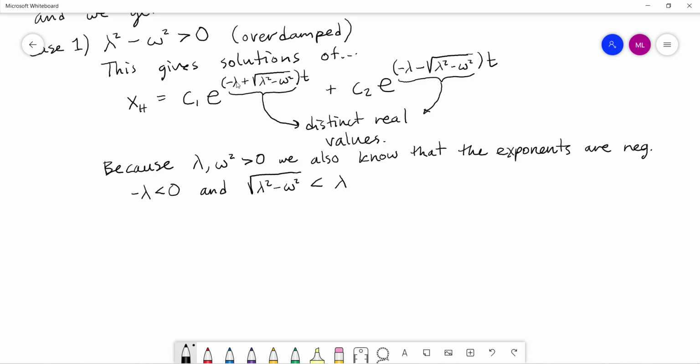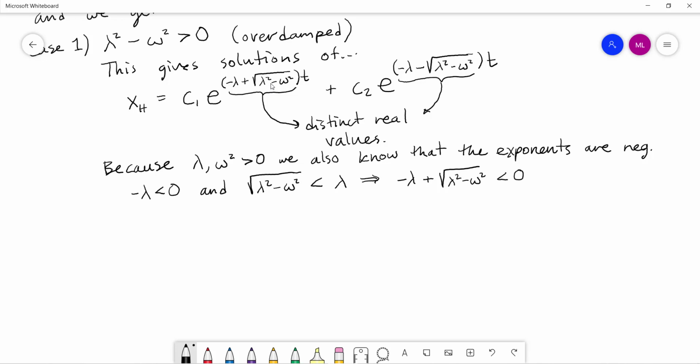So even though in this case I'm adding this whole term in, I'm adding in a term that's less than lambda. I have negative lambda plus some term that's less than lambda. So that means negative lambda plus that term is still going to be less than 0.